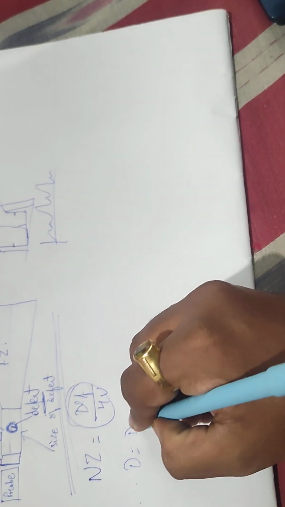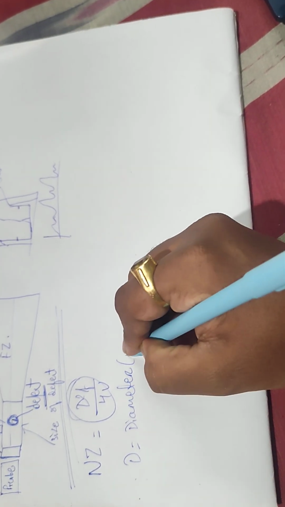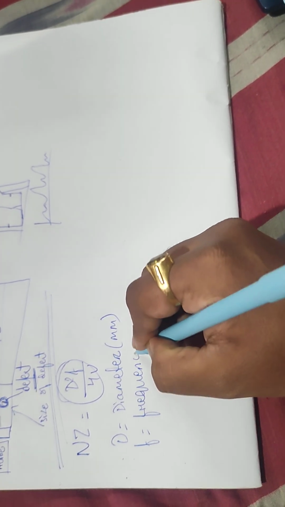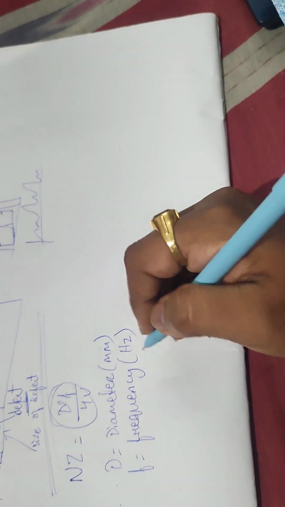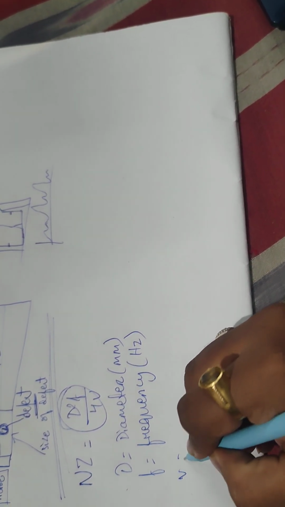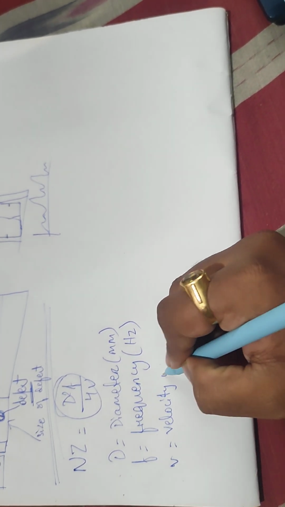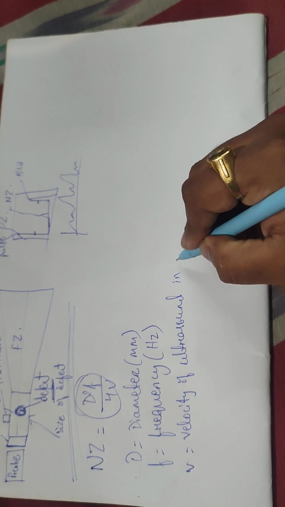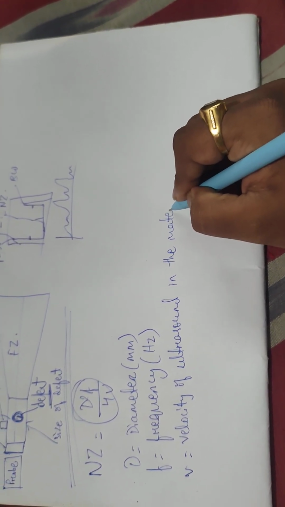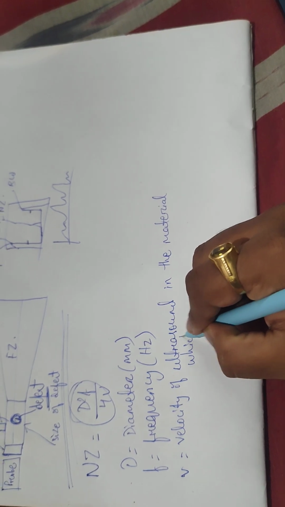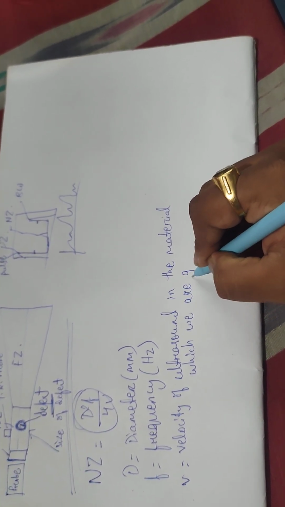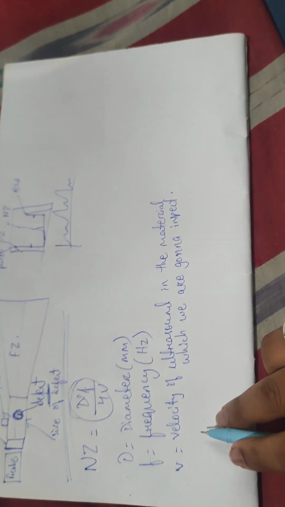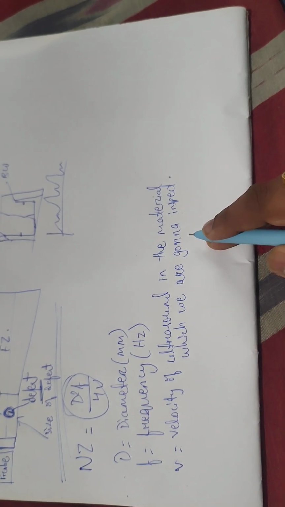Here d is the diameter, f is the frequency, and v is the velocity of ultrasound in the material which we are going to inspect.